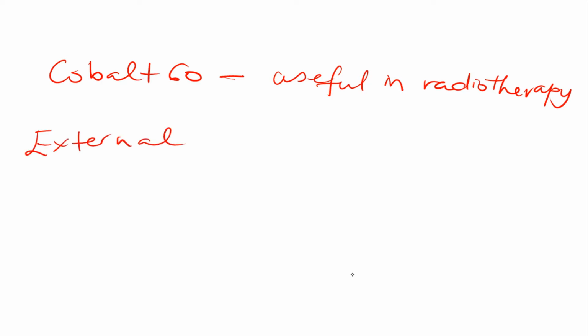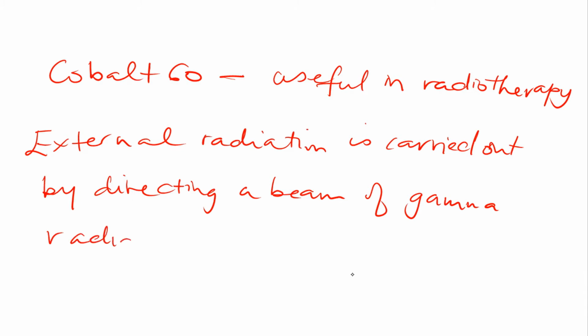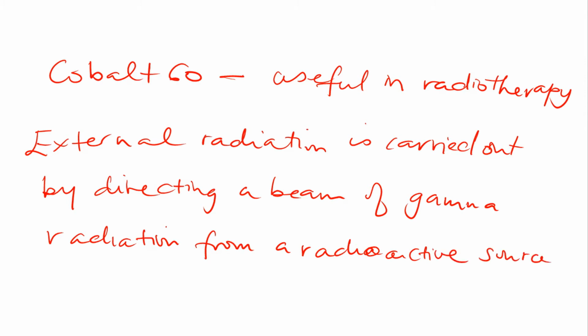External radiation is carried out by directing a beam of gamma radiation from a radioactive source, and the radioactive source is the cobalt-60, and this is directed at the cancerous growth.